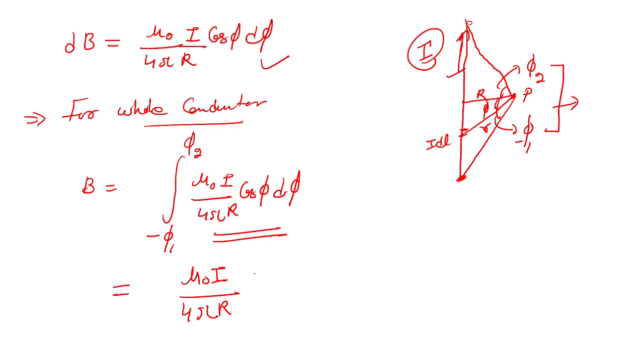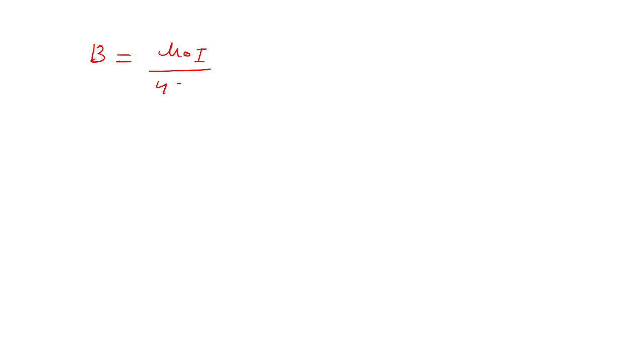Doing it further, B is equal to μ₀I over 4πr times (sin φ₁ plus sin φ₂). So this was our expression. Here was point P, and it was at distance r. Now let's suppose that this straight line conductor has infinite length. We don't know how long it is.